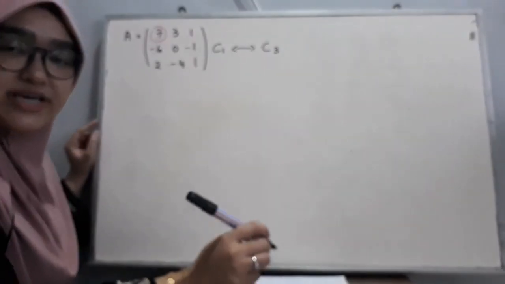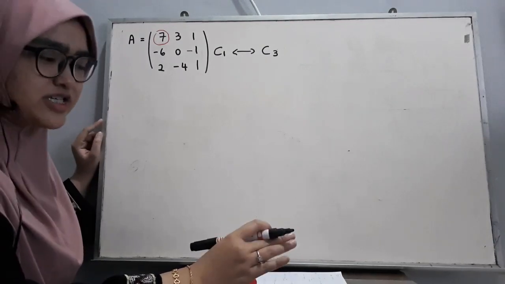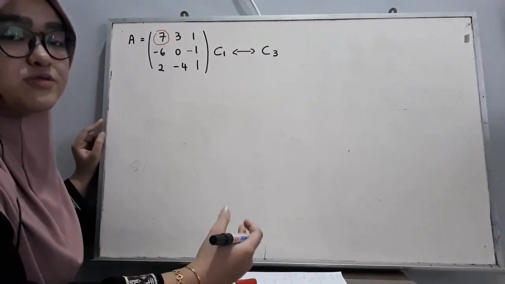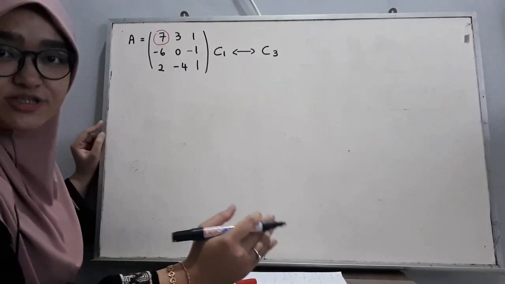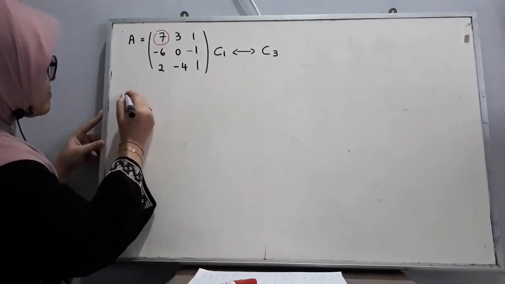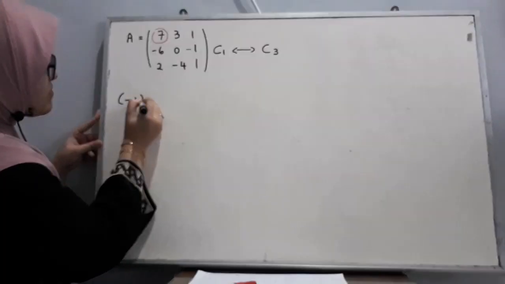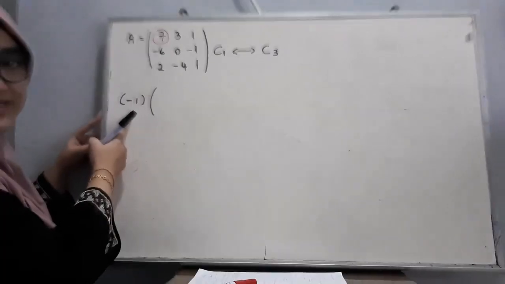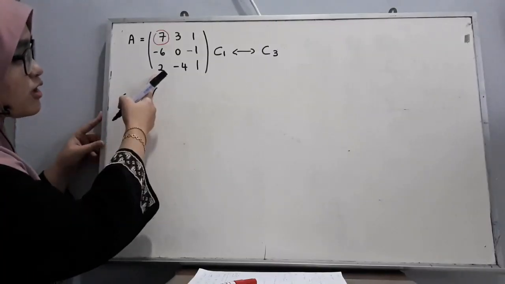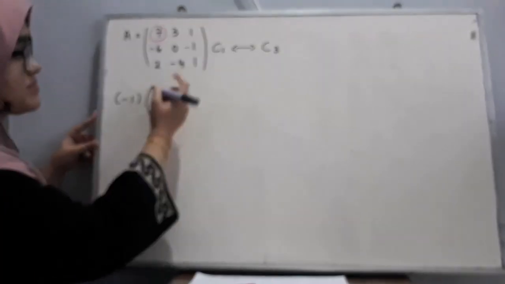And remember that whenever we exchange between rows or between columns, we must multiply the matrix by -1. Okay, multiply by -1 and then exchange column 1 and column 3.